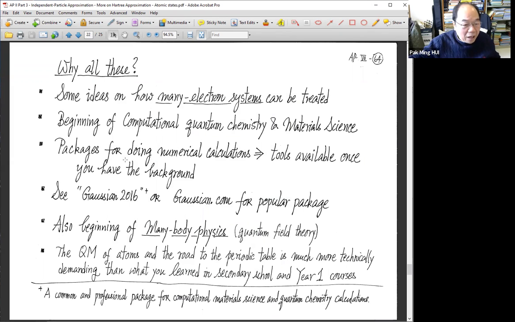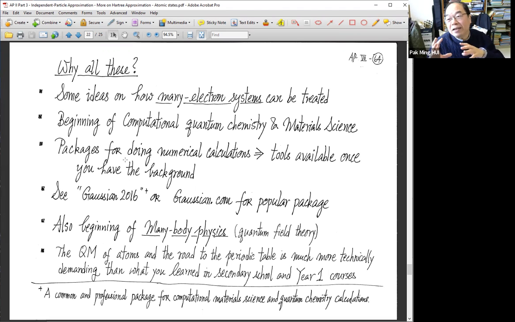Finally, you may wonder why we are doing all this. There's no calculation that we can do, right? You need to write a program. We are not doing computational physics, then we cannot do anything. But I think culturally, educationally, conceptually, they are valuable. First of all, in this discussion, you get some ideas of how many electron systems are treated, right?